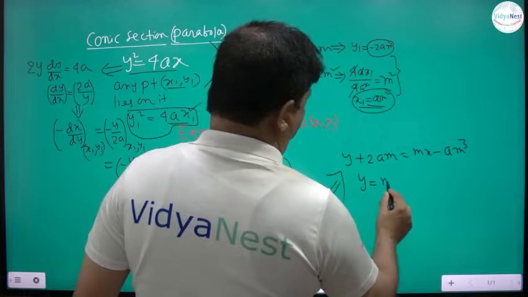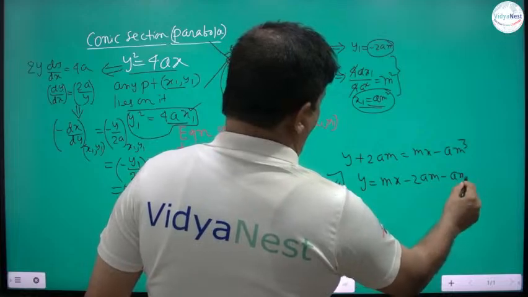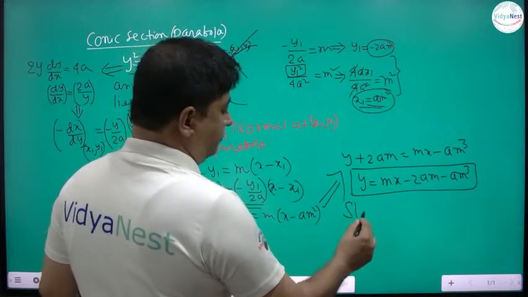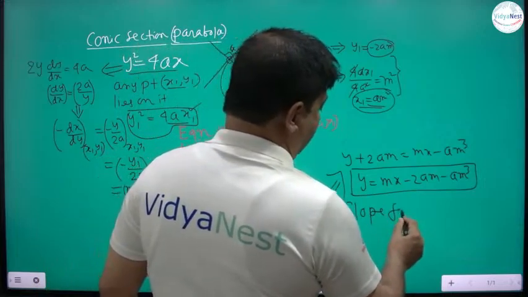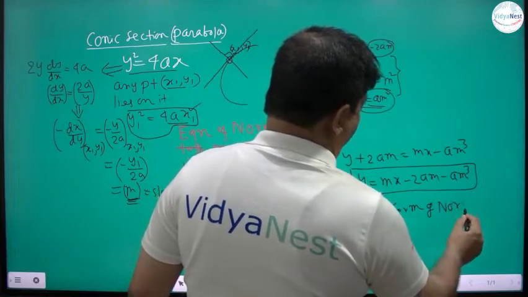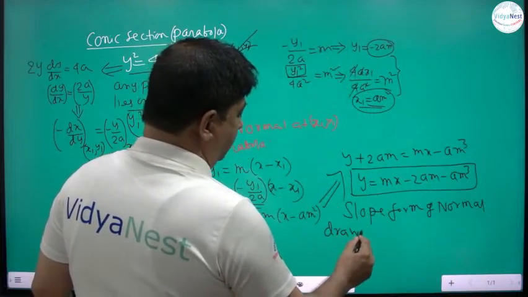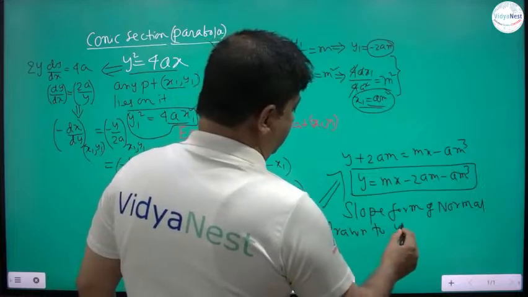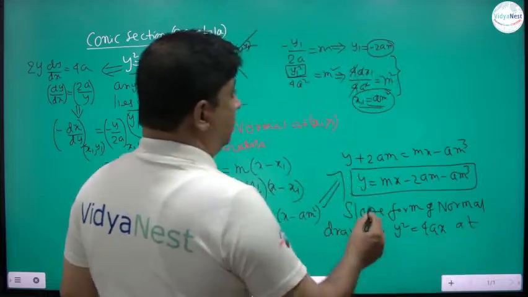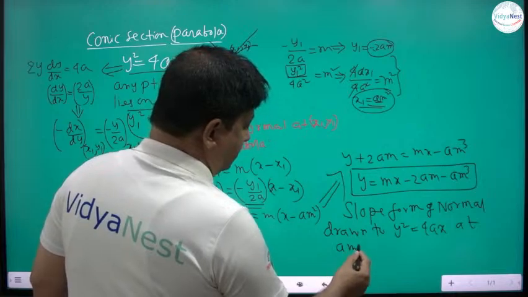So y equals mx minus 2m minus m cube is the slope form of normal drawn to y square is equal to 4x at this point, m square, minus 2m.